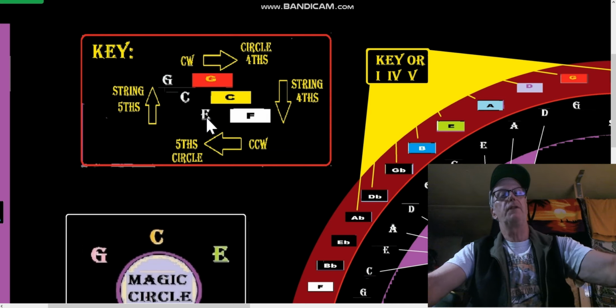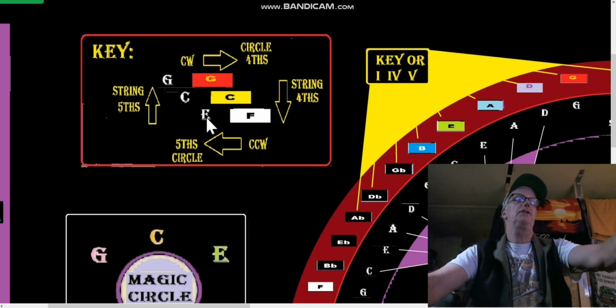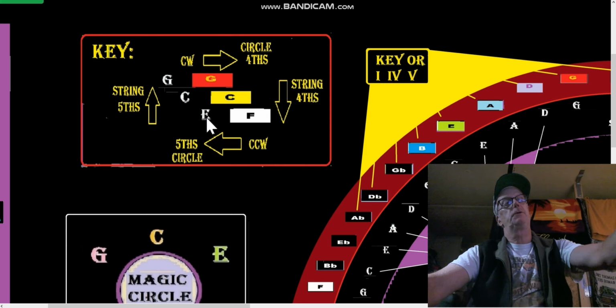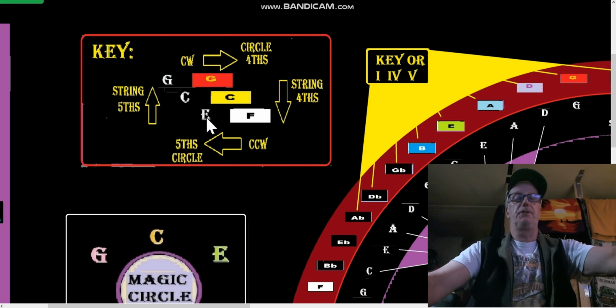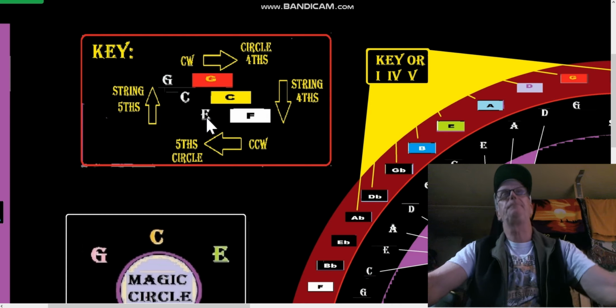Whereas the string shape fourth of the C string shape is the diminished fourth to E, and vice versa. So the fifth of E is the C going in the CAGED world.